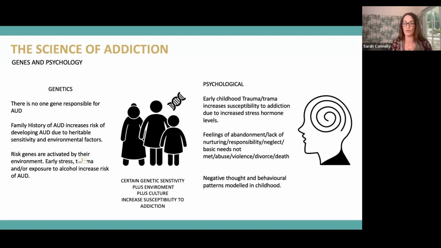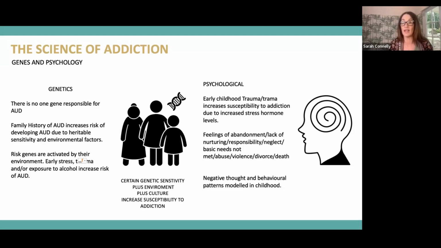And then little t trauma is things like abandonment, lack of nurturing, lack of being taken care of at the level at which we are meant to be taken care of. So it's not so much the addition of bad things, but it's actually us not receiving what we're meant to be receiving as children. That increases our stress hormone levels and our susceptibility to addiction.